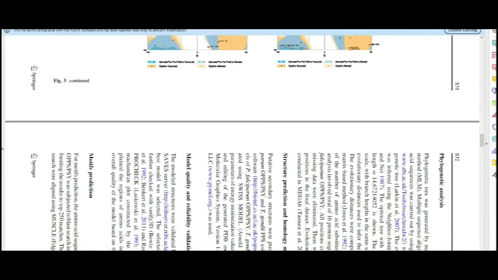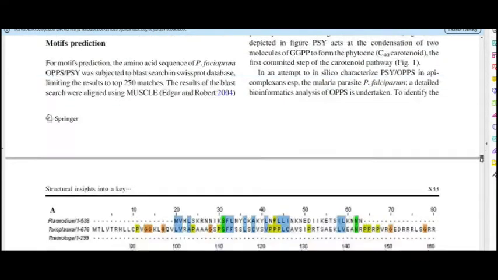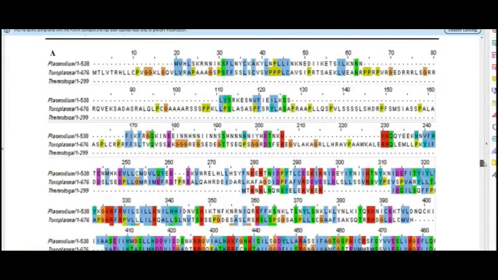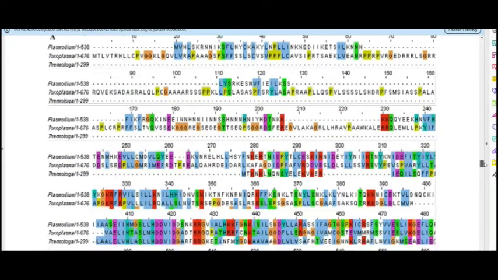So we'll rotate this back around, and so here is their multiple sequence alignment, and you can see for different species here. So the Plasmodium, the Toxoplasma, and the Thermatoga. So those are all just different, basically different bacteria.